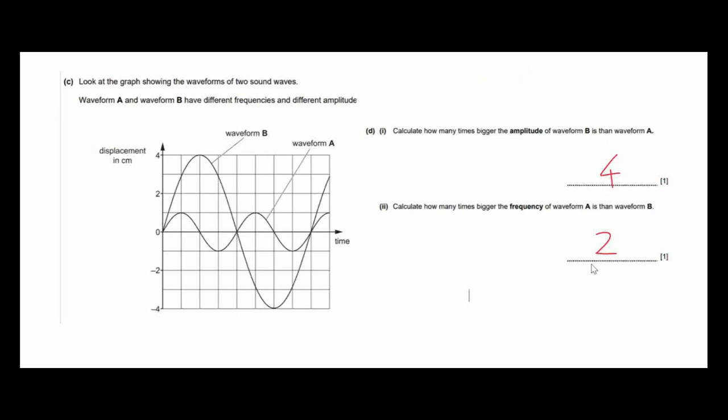How do you get 2? The frequency of A is higher than the frequency of B. We look at the same time interval. You see they meet here.